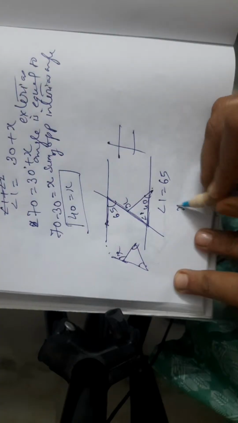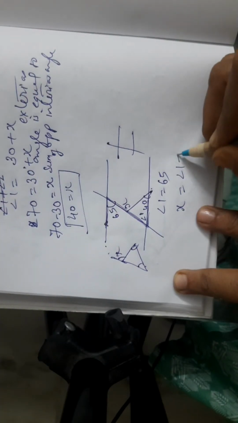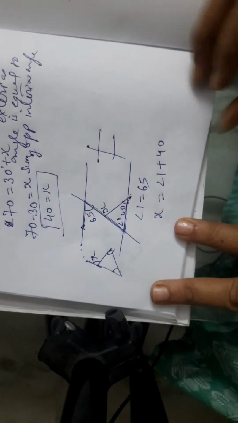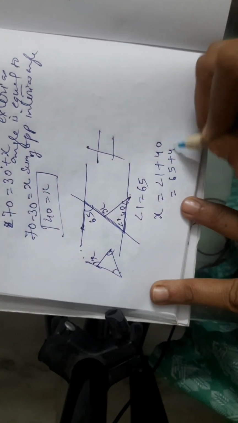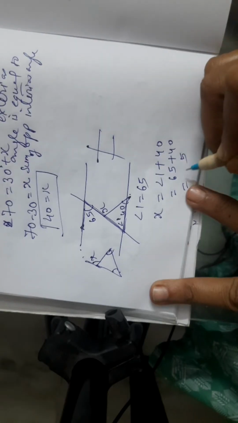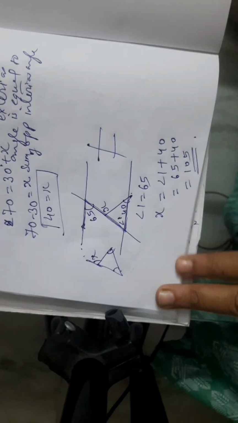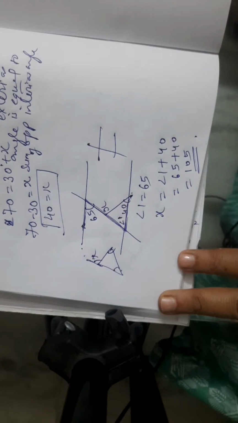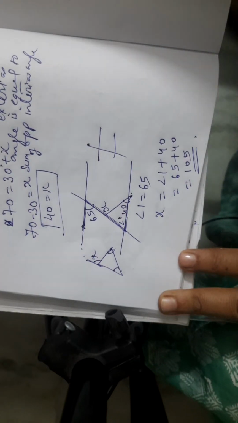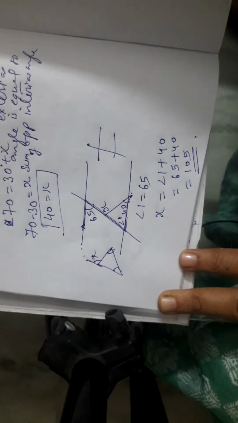So x is equal to 1 plus 40. 1 is 65. 65 plus 40. So the answer is 105. Is it clear?